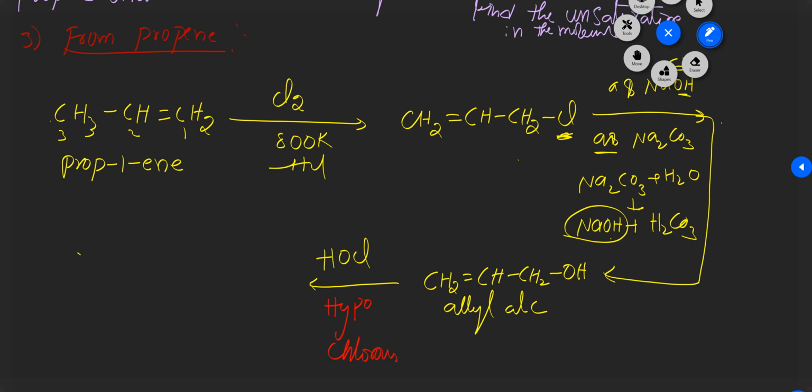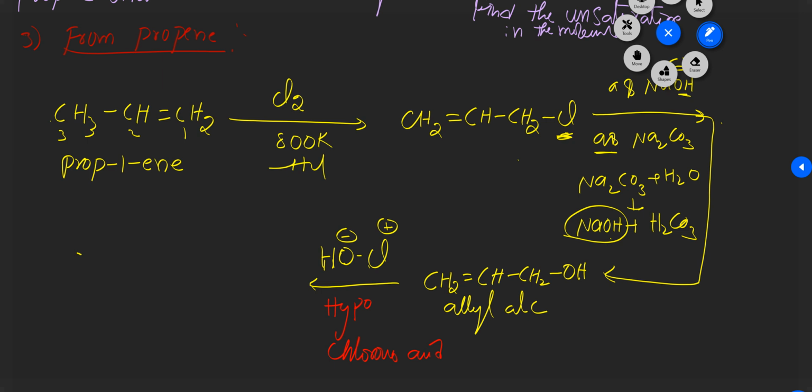If you observe, oxygen is more electronegative and chlorine is less electronegative, right? So oxygen is negative and chlorine is positive.